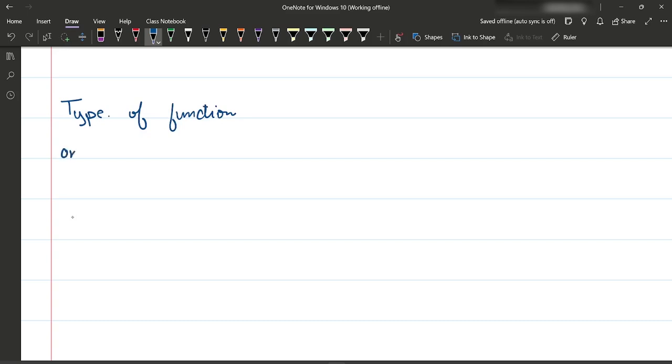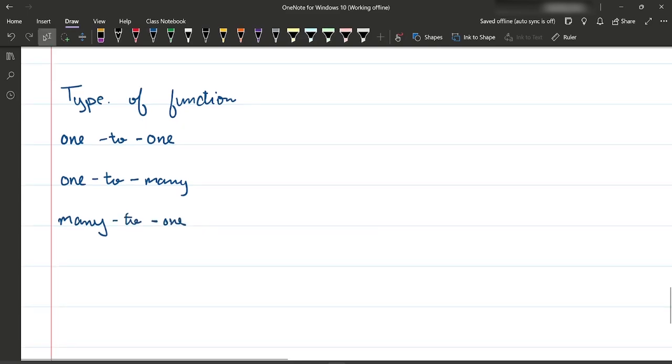So we have 1 to 1, we have 1 to many, and we have many to 1. Okay, so there's not a lot of explaining this, but basically whenever you have an x value that gives a unique y value, so one x value gives one y value, that is a 1-to-1 function.